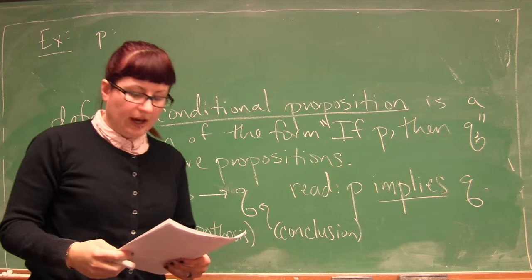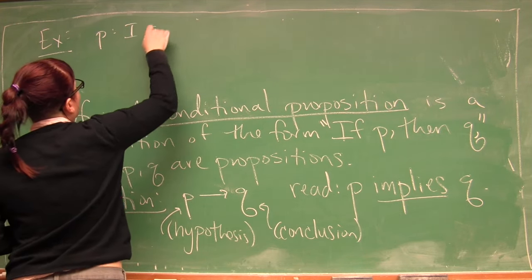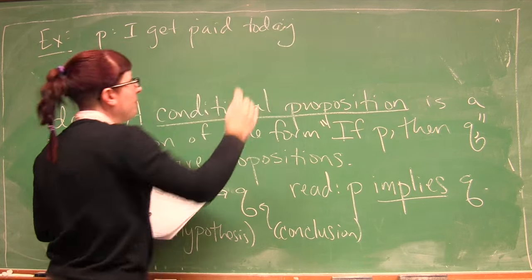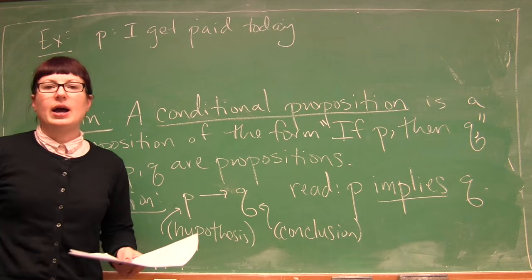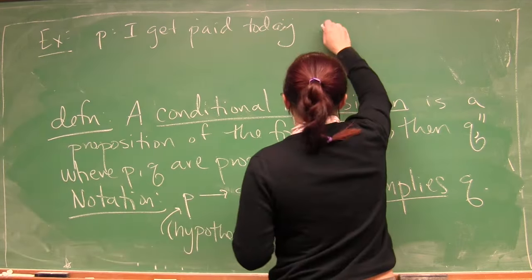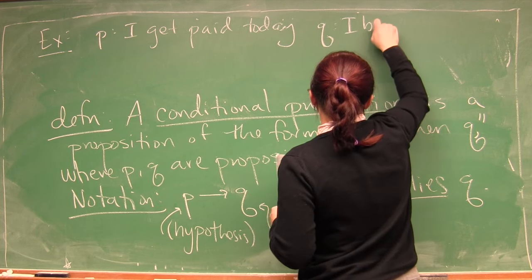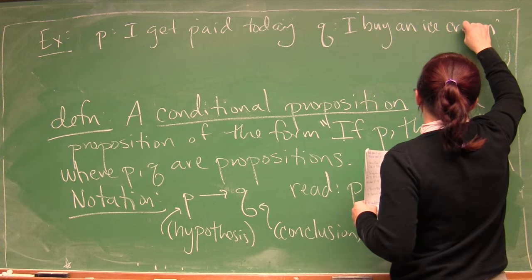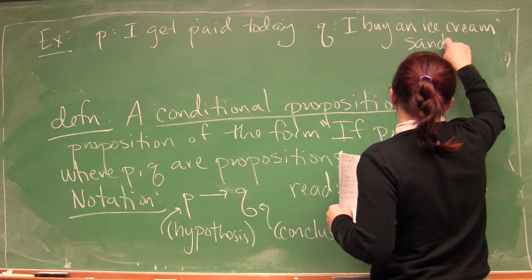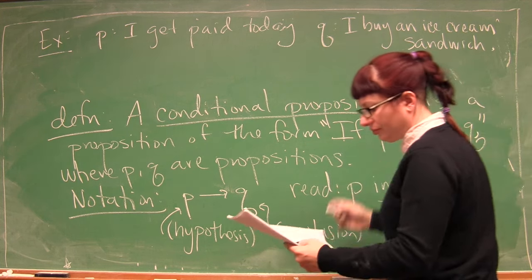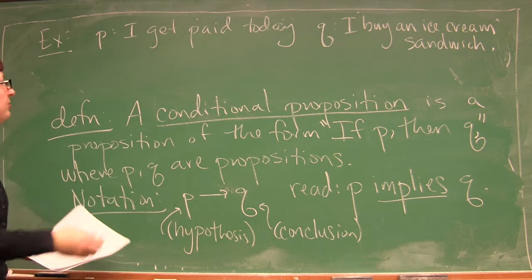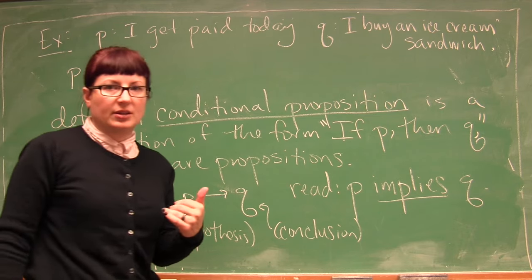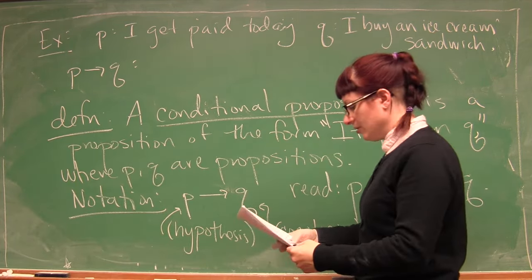Proposition P, I get paid today. Proposition Q, I buy an ice cream sandwich. What does the conditional proposition P implies Q say? This says, if I get paid today, then I will buy an ice cream sandwich.